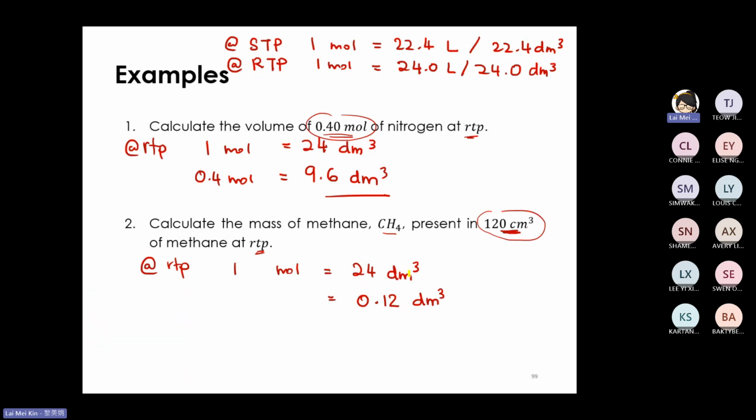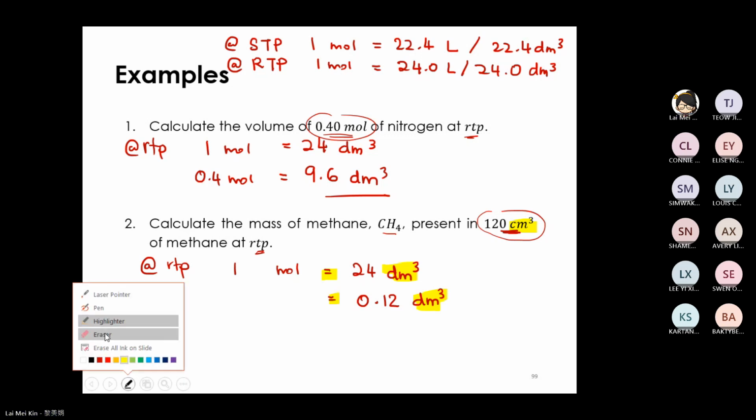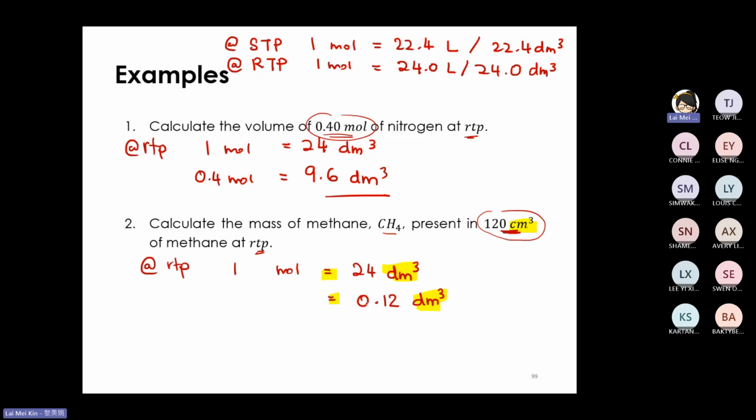Always make sure that your units are the same when you want to do equations. That's the first step. So 0.12 decimeter cube, how many mole? We tried this just now. Cross multiply.